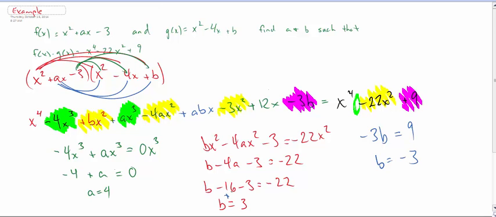When we add 19 to both sides, we get negative 3 for b. So this checks out. We have one last term that we need to check. We should check the x terms and make sure that those all add up to 0x. And when we do this, it turns out it does work. So a equals 4 and b equals negative 3.